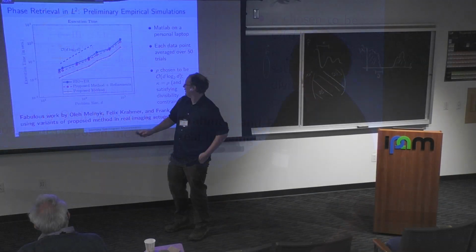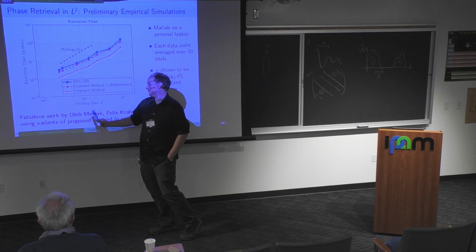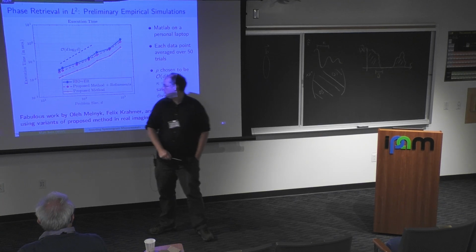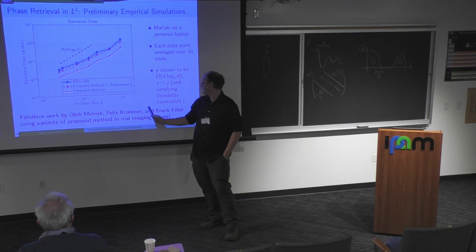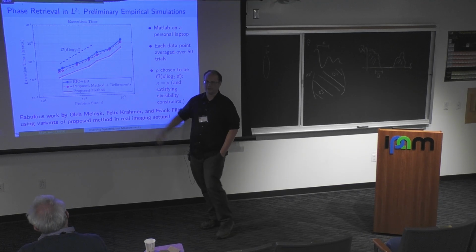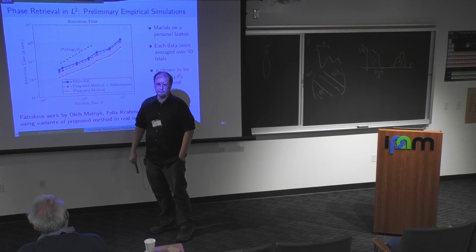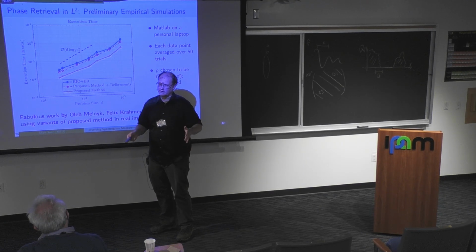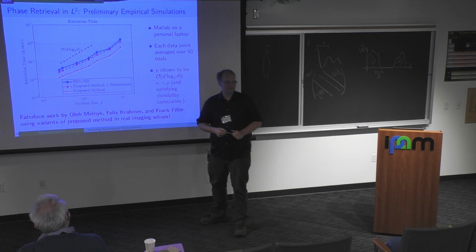So I recently had a fun time, honestly, reading Ole Melnick's thesis. He's a graduate student at TUM, working with Felix Kramer and Frank Filber. He's done some really nice work using variations of this proposed approach to initialize standard iterative techniques on really realistic ptychographic imaging data.